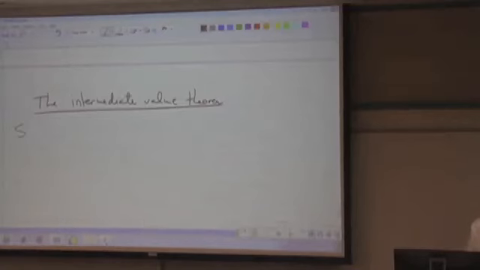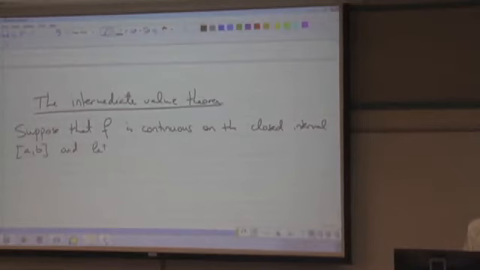Okay, suppose that f is continuous on the closed interval [a, b], and let N, capital N, be a number between f(a) and f(b), where f(a) does not equal f(b).